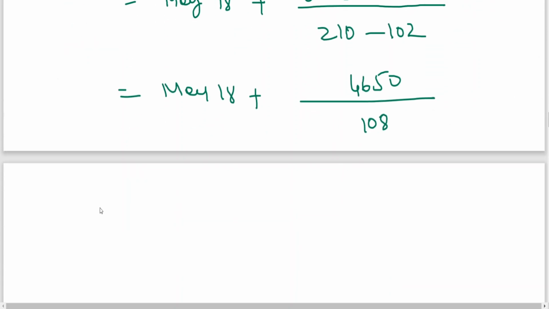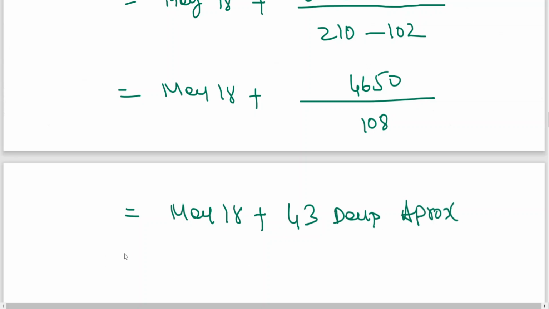Okay, now the answer is May 18 plus 4650 by 108. It is coming to 43 days approximately. So 43 days approximately. You can add May 18 plus 43 days.